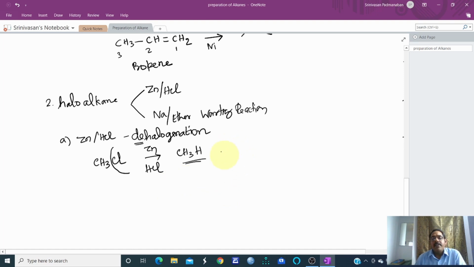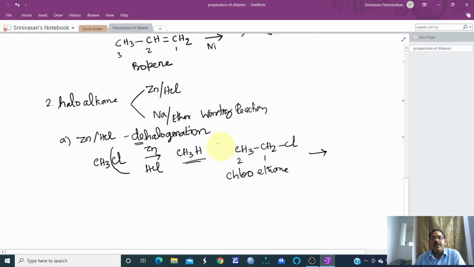Even you can have another example for this. Suppose I am taking the other homolog next in the series. So how many carbon atoms? We have 2 carbon atoms. So what is the name for this? It is chloroethane.